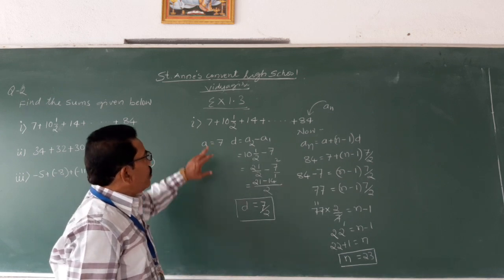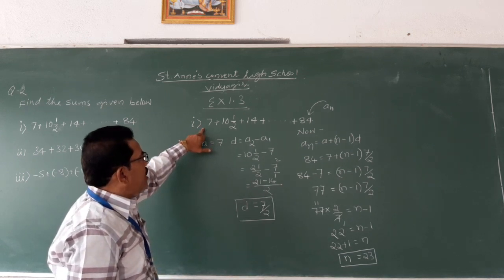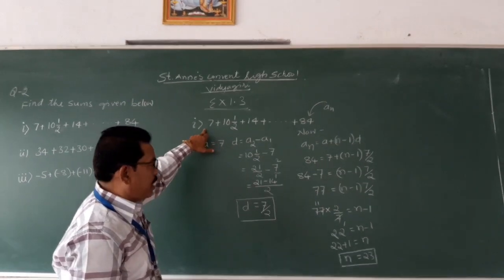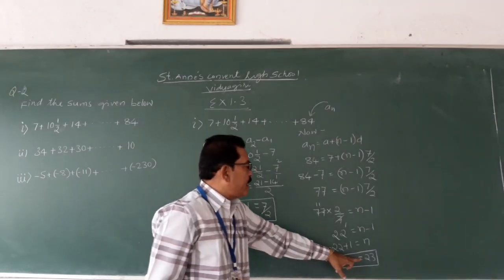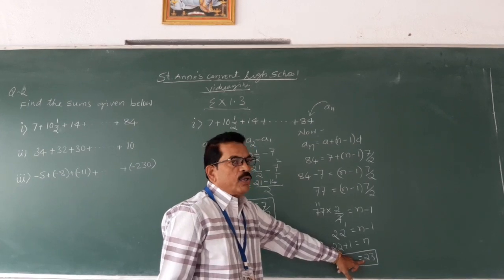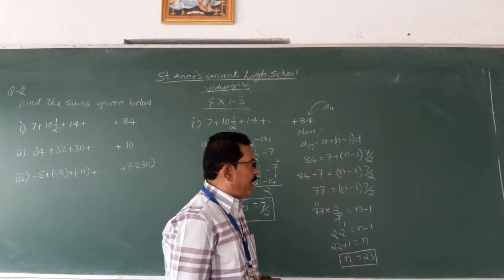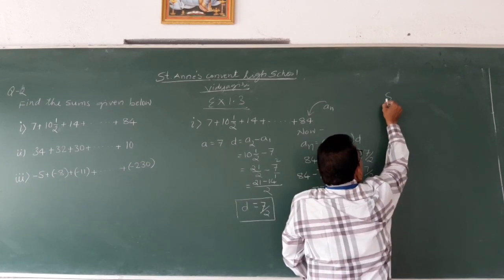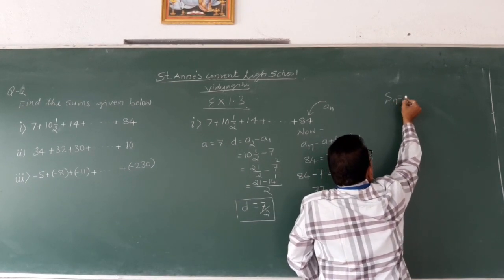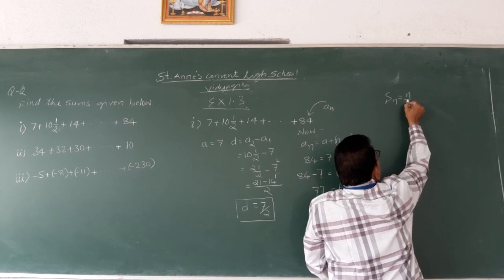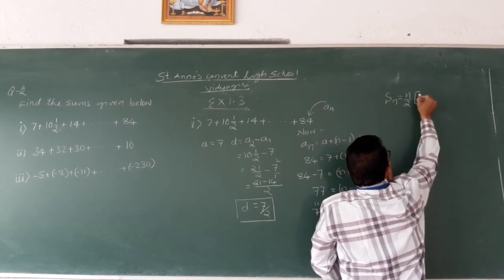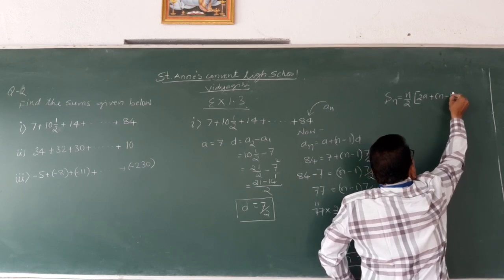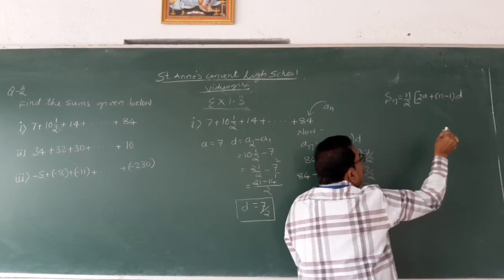See, they have asked us to calculate Sn, that is the sum of the given terms. Sum means there are 23 terms. So we have to take n as 23 by applying the formula Sn equals n by 2 in the big bracket 2a plus n minus 1 into d.